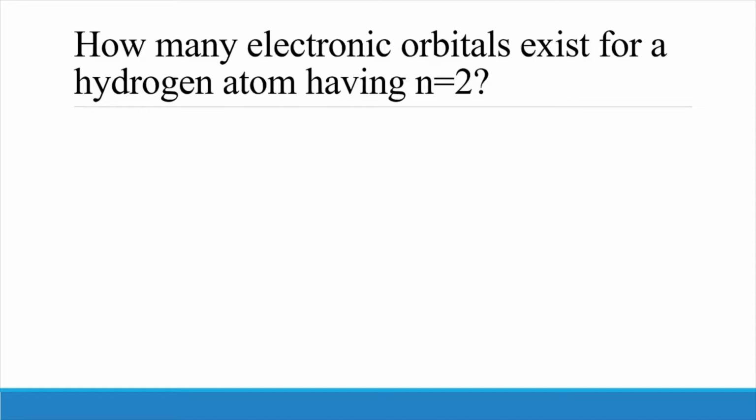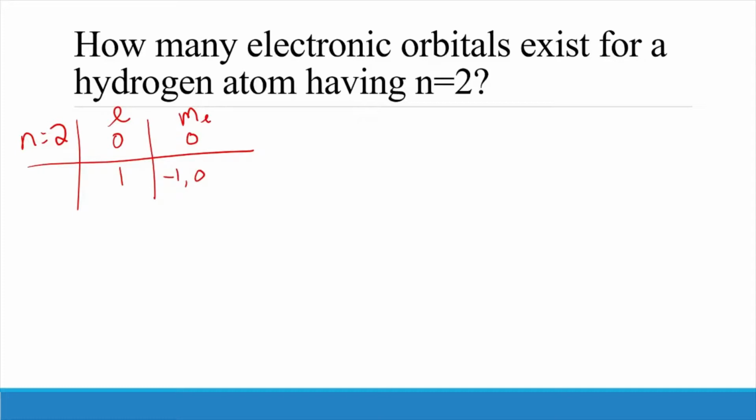Okay, our next question. How many electronic orbitals exist for a hydrogen atom having n equals 2? So the theoretical way of going about this: n equals 2, so that means that l can be equal to 0 or 1, and then our m sub l can be 0 at l equals 0, and at l equals 1, it could be negative 1, 0, or 1.